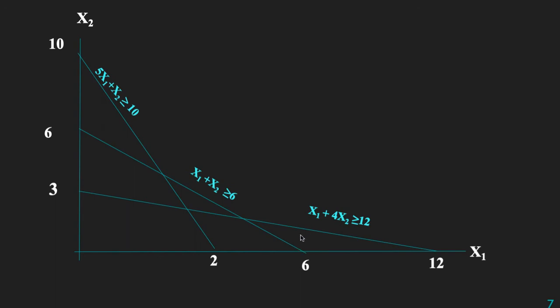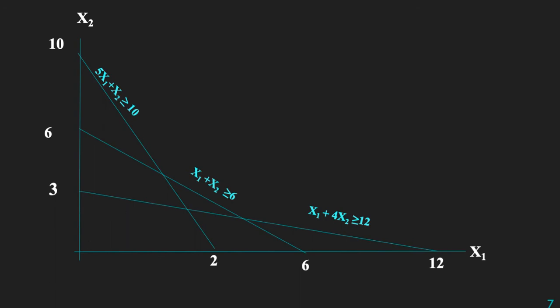Now if we see here, the case is minimization, and if we look at these equations, all are having a greater than sign. Now which would be our feasible region? The feasible region would be somewhere here above.